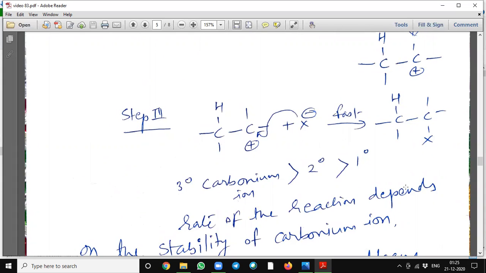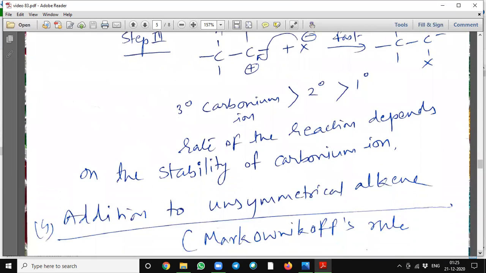This carbonium ion will react with the halide and form the addition product. The order of reactivity is tertiary carbonium ion more reactive than secondary, then primary. So the rate of the reaction depends upon the stability of the carbonium ion.